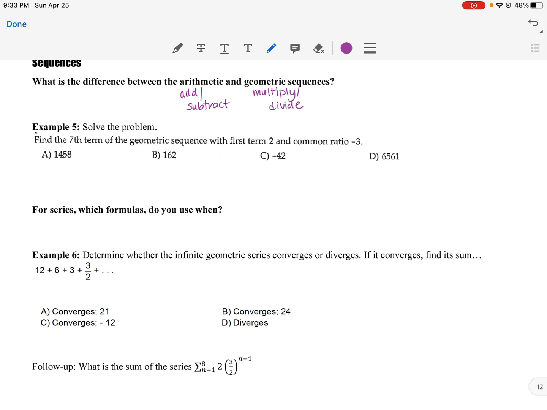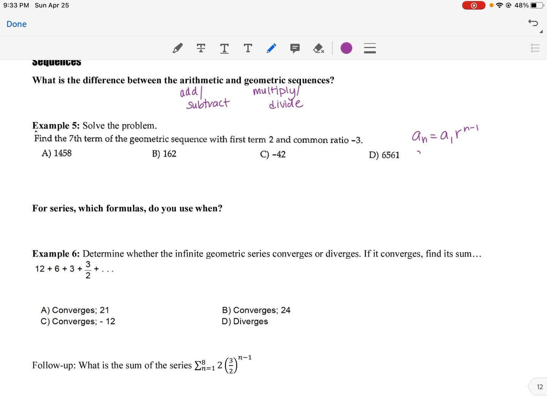Okay. So find the 7th term of a geometric sequence with a first term of 2 and a common ratio of negative 3. For the record, remember you can look at your formula sheet, where you have a sub 1 times r to the n minus 1.